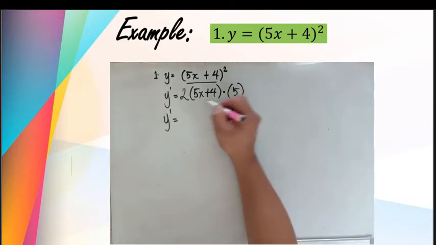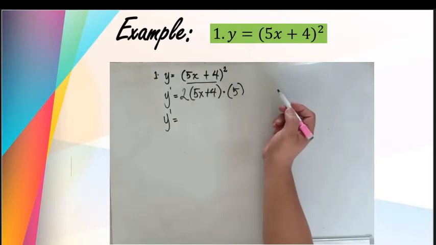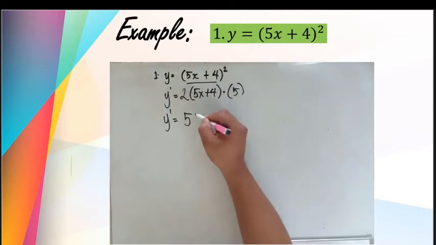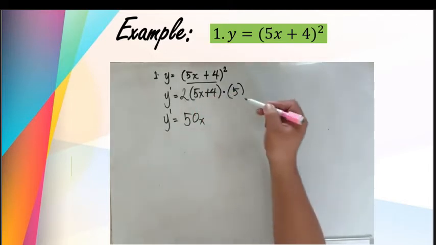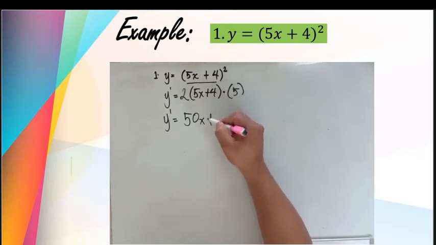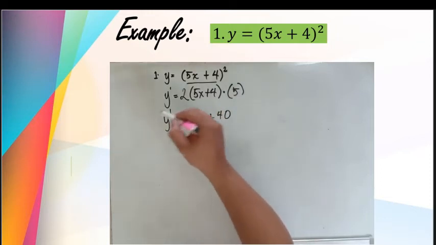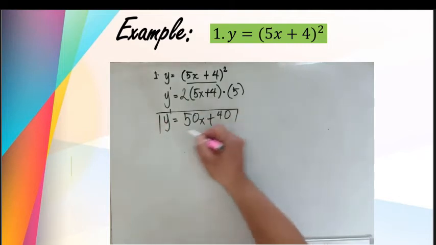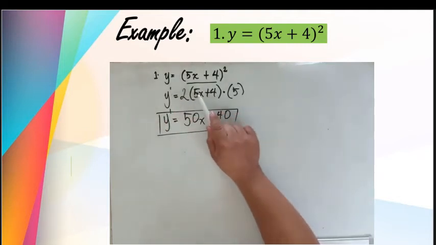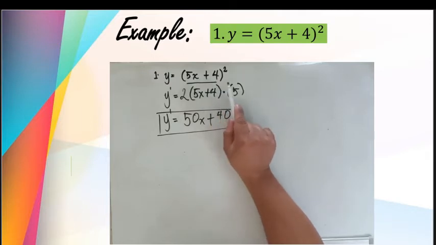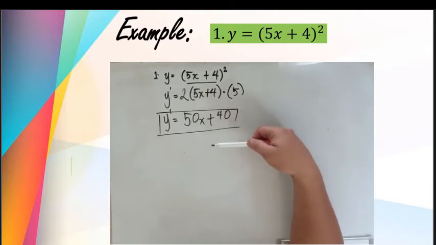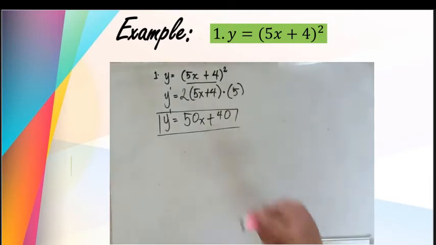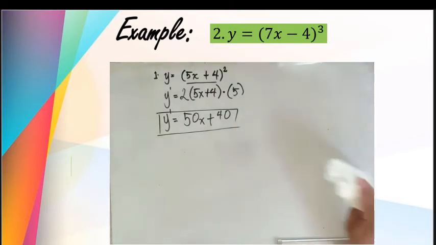We have 5 times 2 is 10, times 5 is 50, times x, so we have 50x. 5 times 2 is 10, times 4 is 40. So there you have it. We have the derivative of y is equal to 5x plus 4 to the second power is equal to 50x plus 40.